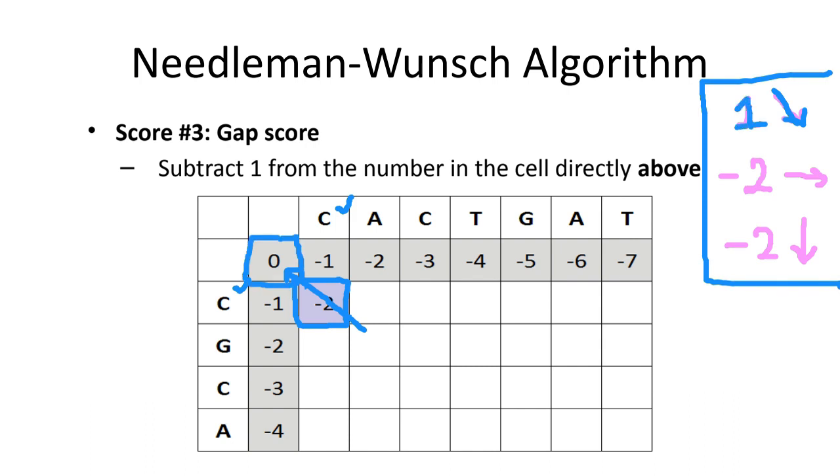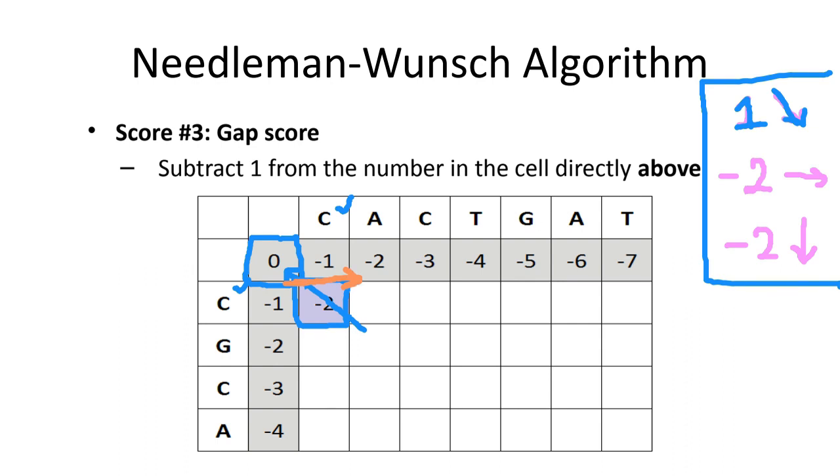Second score is the score if we're moving horizontal. Let me switch colors so it's not completely wonky. If we're moving horizontal, a horizontal movement or a down movement, either one, we're including a gap. So if we're moving horizontally, it's like we're putting a gap in the sequence.